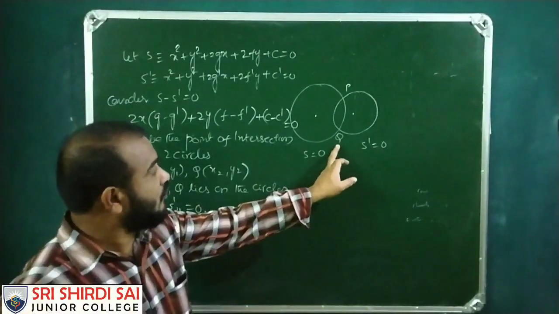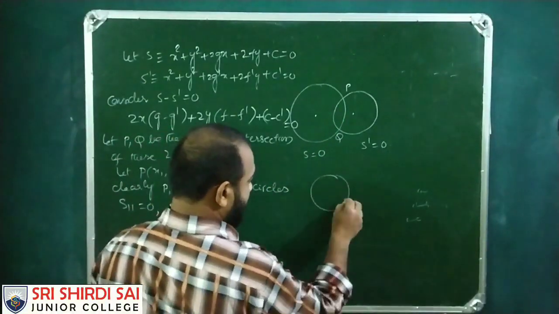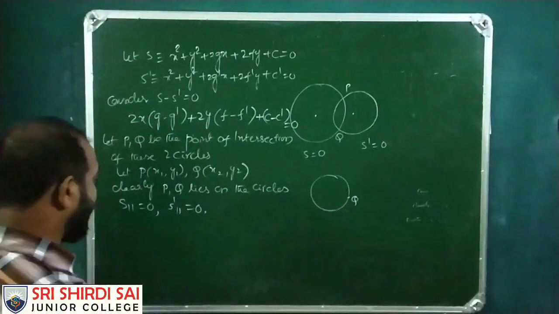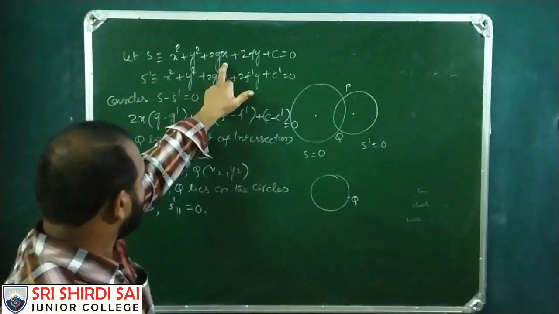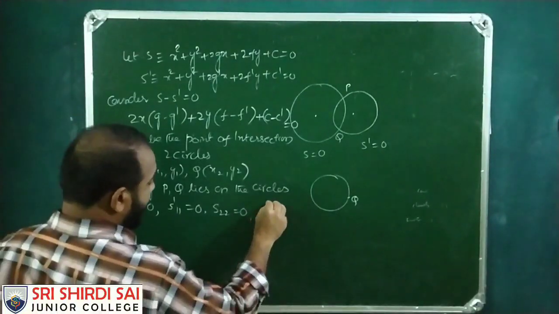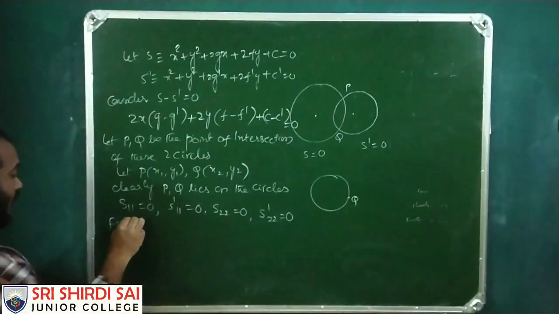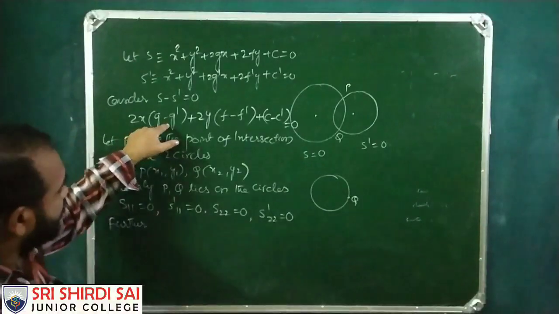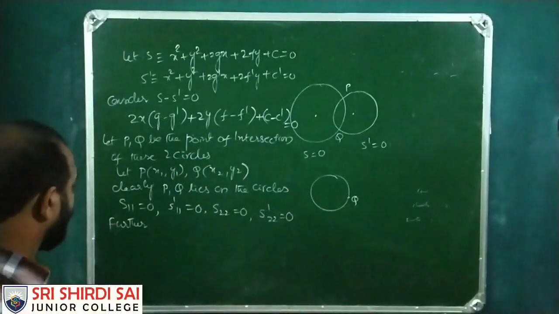Likewise Q x2 y2 is a point lying on S equals 0. Then simply substitute Q x2 y2 in this, x2 square plus y2 square plus 2g x2, that notation is s22 equals 0. Similarly s dash 22 equals 0 is what I get. So further what we understand is this, 2x into g minus g dash plus 2y into f minus f dash plus c minus c dash equals 0.